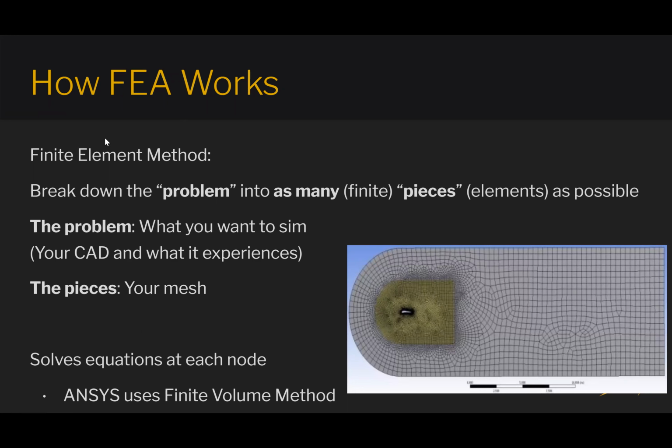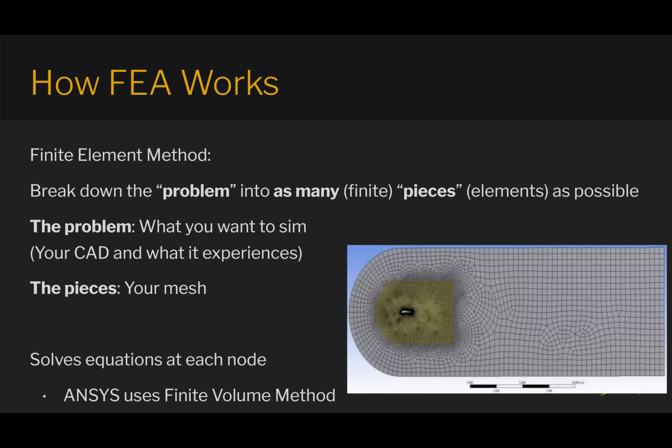Basically, the main difference, if you guys are familiar with partial differential equations, is that the finite element method solves the weak form of the partial differential equation, while the finite volume method solves the, what is it? Shoot, I can't remember.